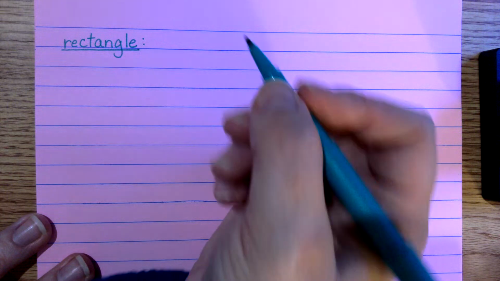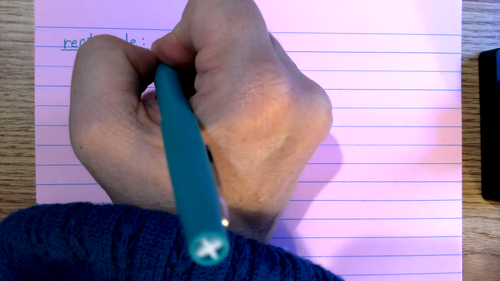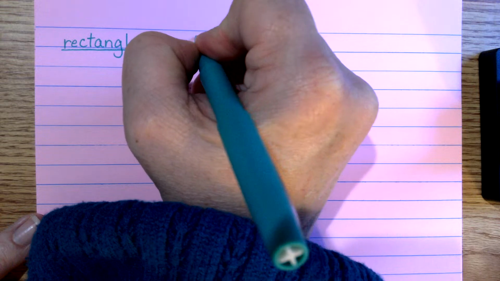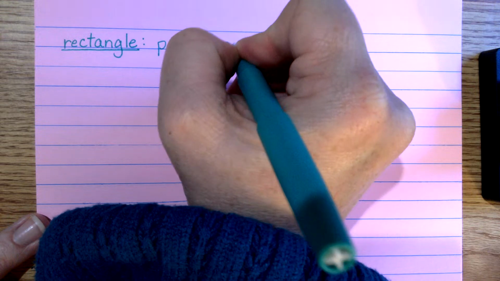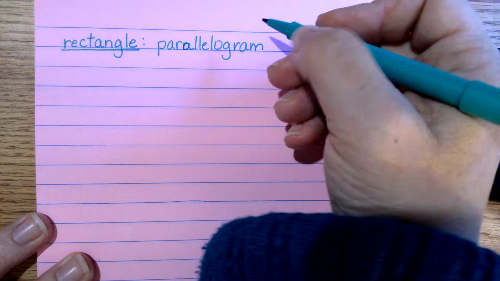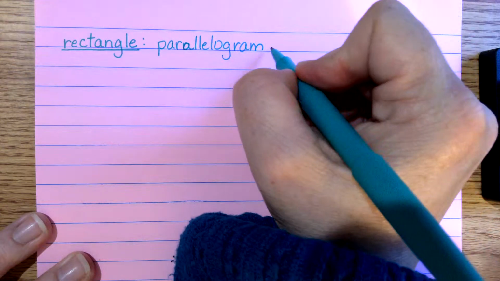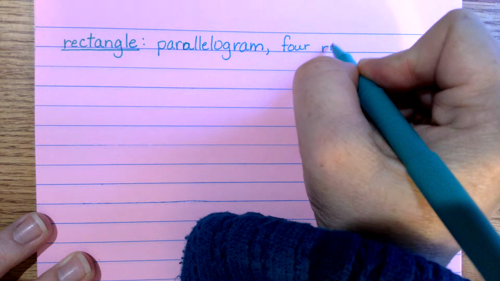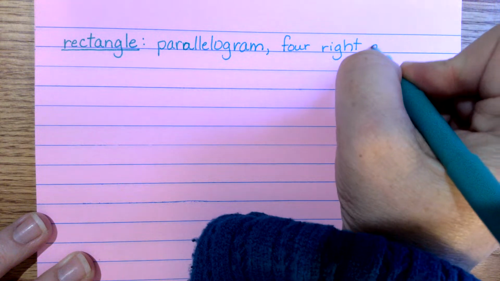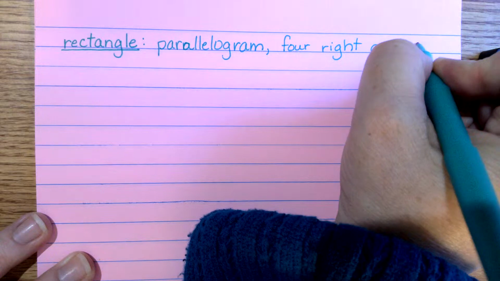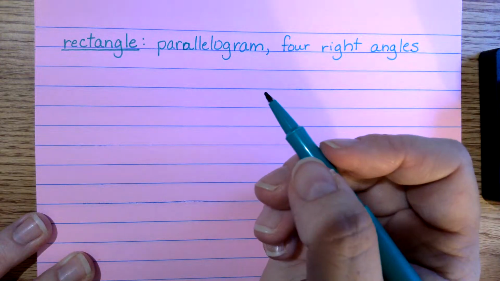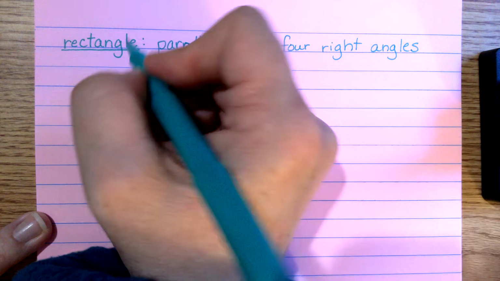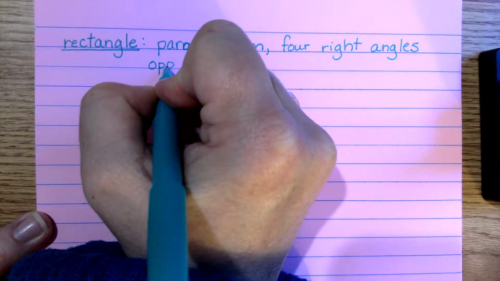So a rectangle is a parallelogram with four right angles. Having opposite sides, so opposite sides are equal and parallel.